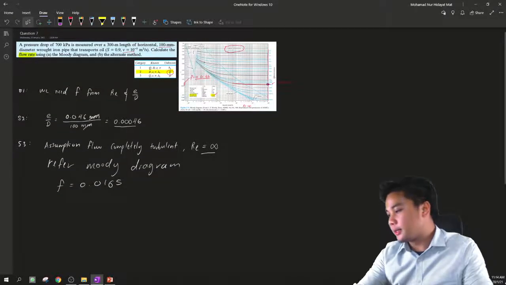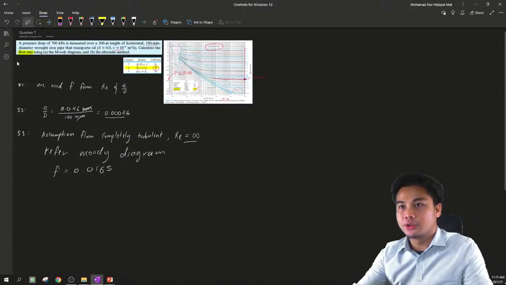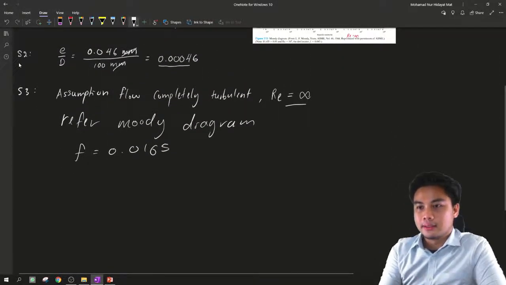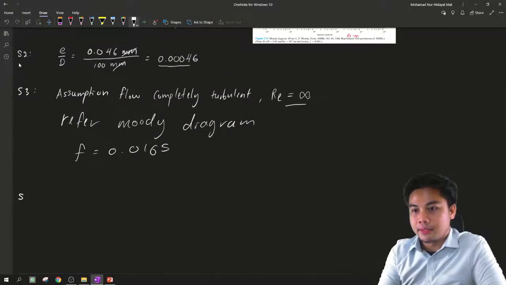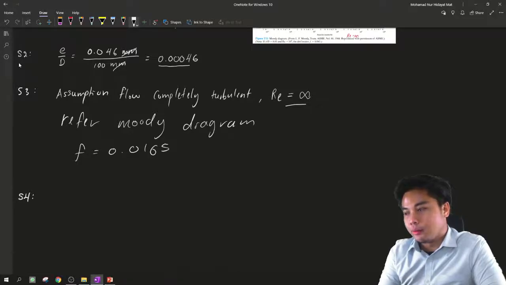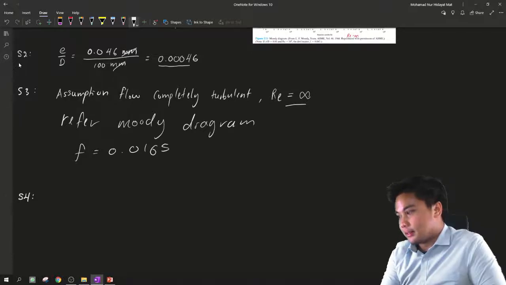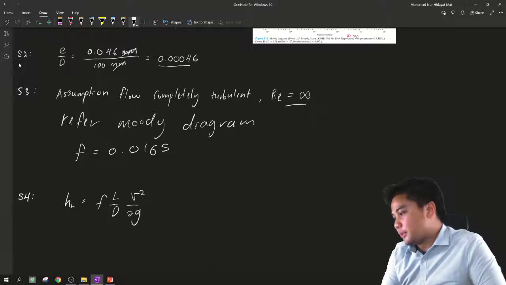Okay, we can get the heat loss. So under step number 4, we can get the heat loss, which is HL equal to F L over D V squared over 2G.